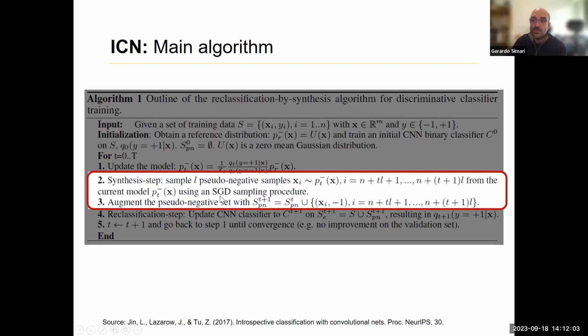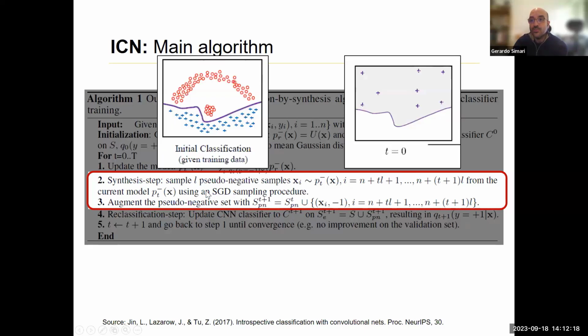They propose using a stochastic gradient descent sampling procedure. They say that it's pretty efficient, and then they augment the pseudo-negative set with the new samples. So what's going on is that, at least at the first step, they're sampling, trying to come up with samples that are on the negative side of the classification task.